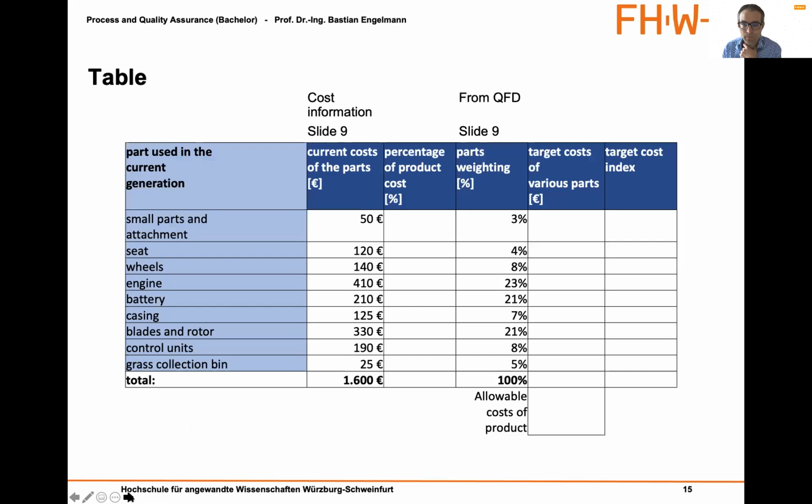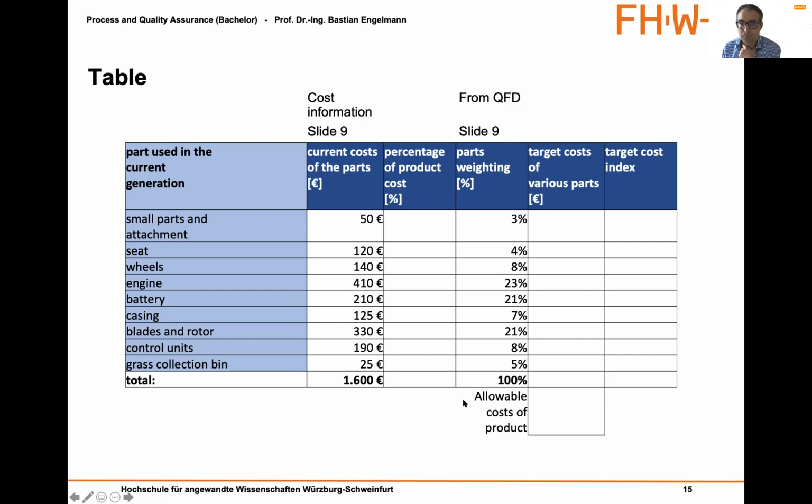As far as I remember, you also have then to copy the importance, the parts weighting from QFD, which is in table 1 also. And then you will see that after the next session, you have this column, you have the percentages calculated, and you have the parts weighting. So this will be the step for the next work for you.